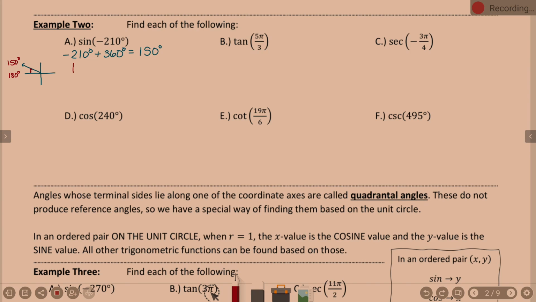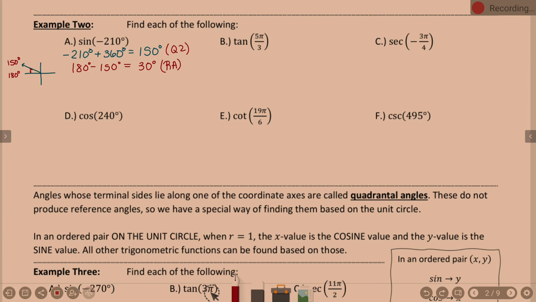So 180 minus 150 is 30 degrees. That is my reference angle. And 150 told me we were in quadrant 2, yes? So I have a reference angle of 30 degrees, and I'm in quadrant 2.